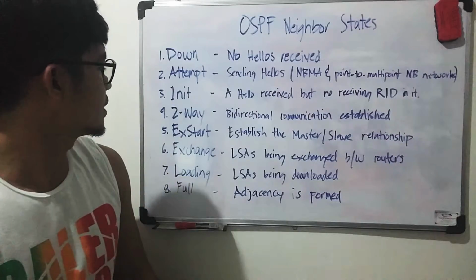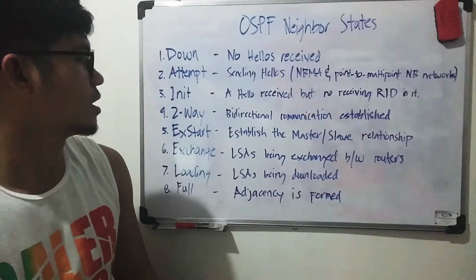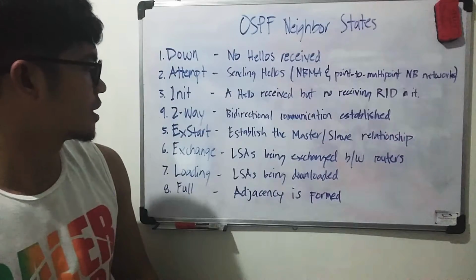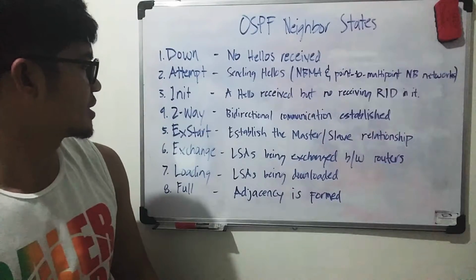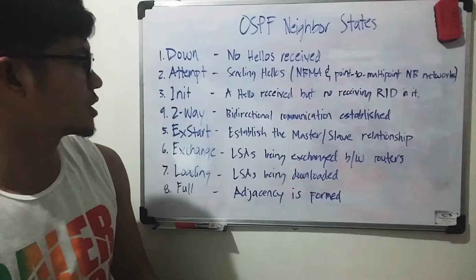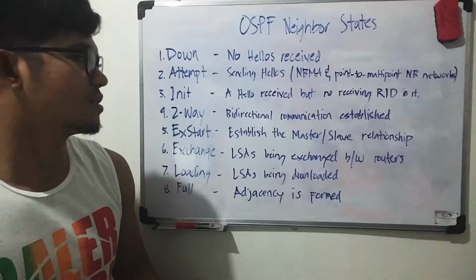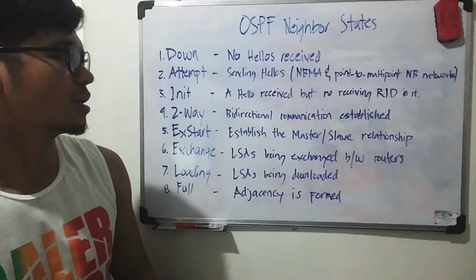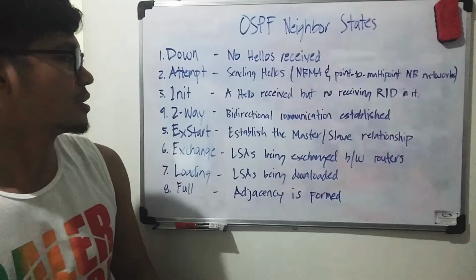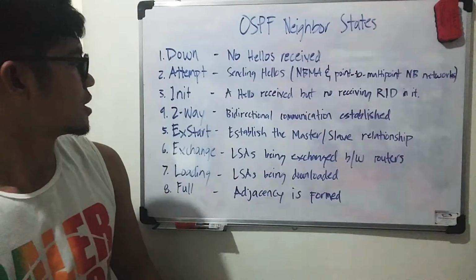And number 5 is Exstart. The purpose of this state is to establish the master-slave relationship between the routers.